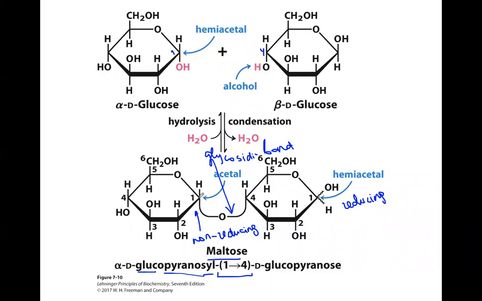So carbon 1 of this glucopyranosyl to carbon 4 of this D-glucopyranose. So this is D-glucopyranose. Does it make sense? Obviously, when you see this long name for the first time, you have no idea what's going on, but hopefully by now, every number and every letter here makes sense to you. Questions? No? So this is maltose.